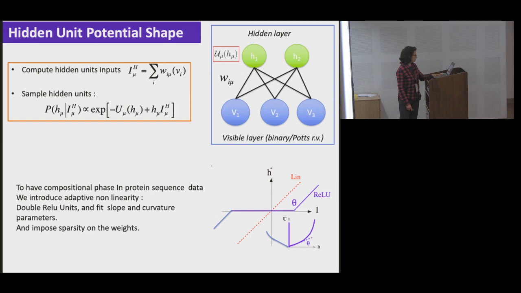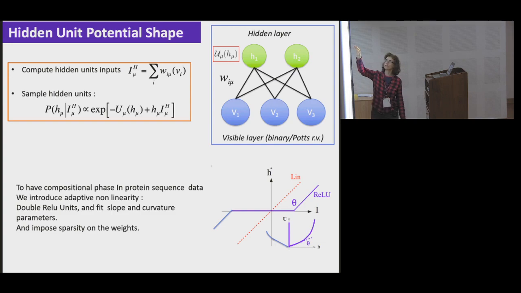And so for the case of protein sequence data, it's even a little bit more complicated, in the sense that to fit the data well, which are few data with respect to the number of parameters, so in the presence of undersampling, we have a fixed adaptive nonlinearity.